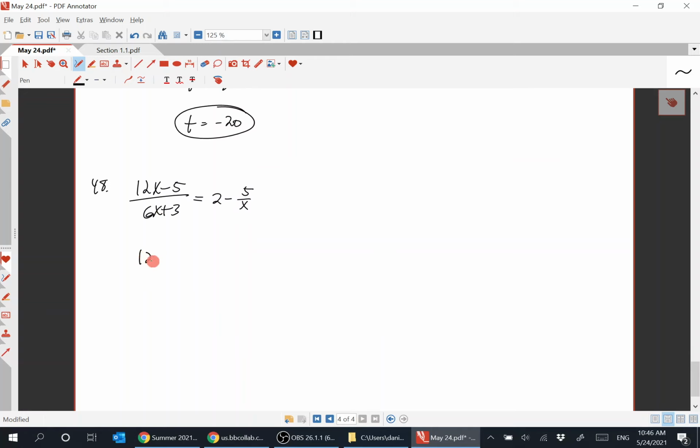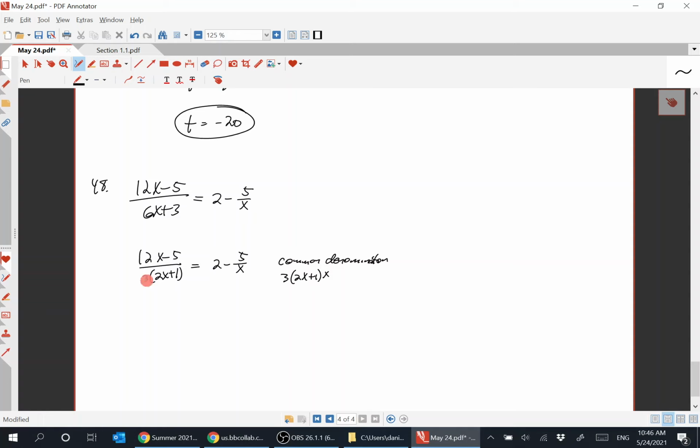So let's factor before we get into this too much. Okay, so a common denominator for all of the fractions across the whole equation would be 3 times 2x plus 1 times x. 3x, 2x plus 1.